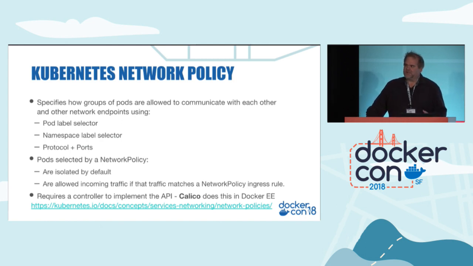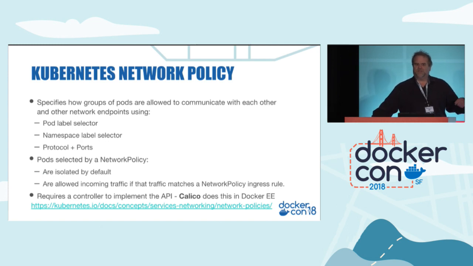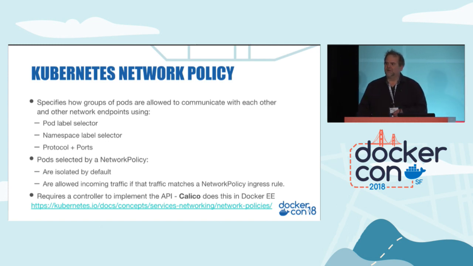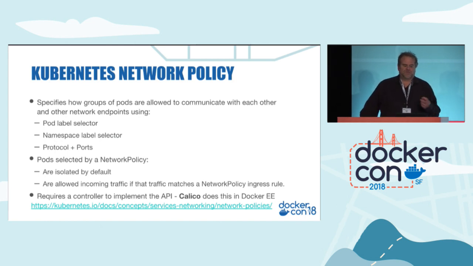We leverage the same labels in network policy to identify policies that will affect a given workload. So you can say workloads that are PCI compliant are labeled PCI compliant, and then you can have a policy that says any workload labeled PCI compliant will only accept or send traffic to other workloads labeled PCI compliant. Or you can say workloads in stage dev can't talk to workloads in stage prod. So that's this pod label selector, and I've got an example of that in a minute.